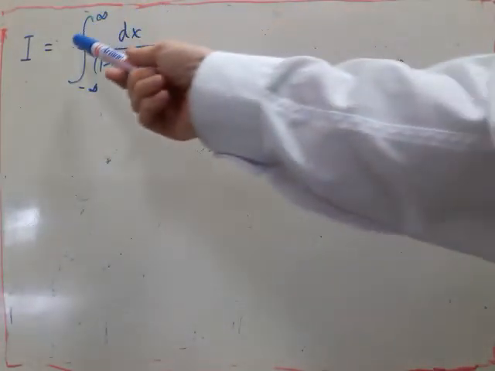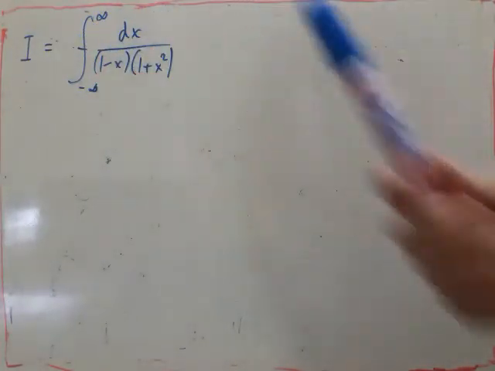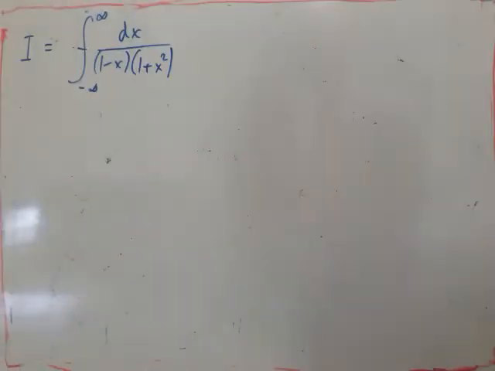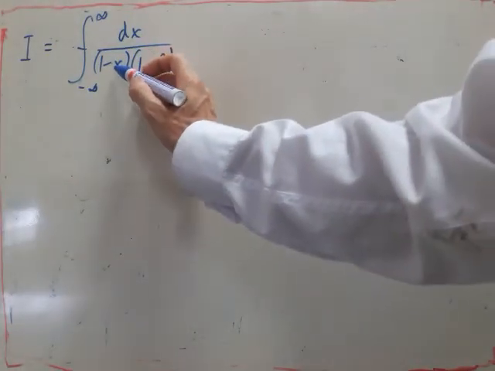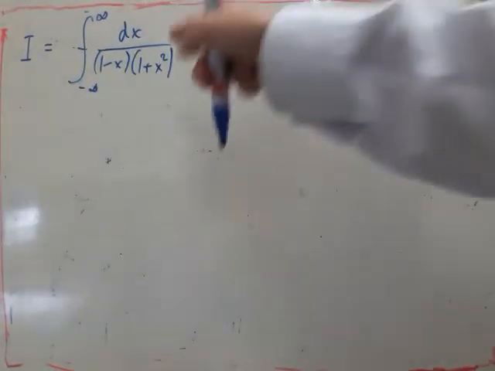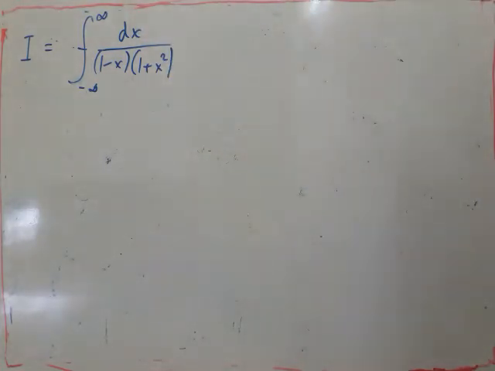So here we want to find the Cauchy principal value of this integrand. Obviously it has a simple pole at x equals 1 and simple poles at x equals plus or minus i.